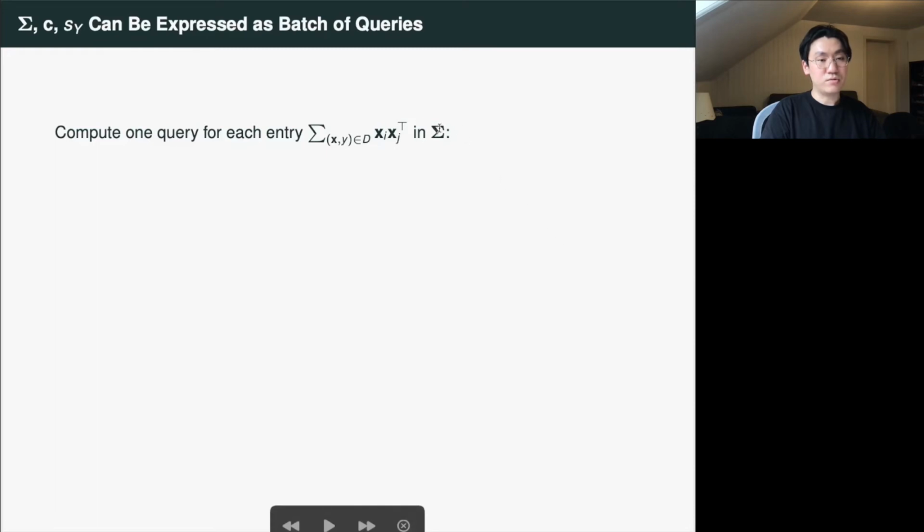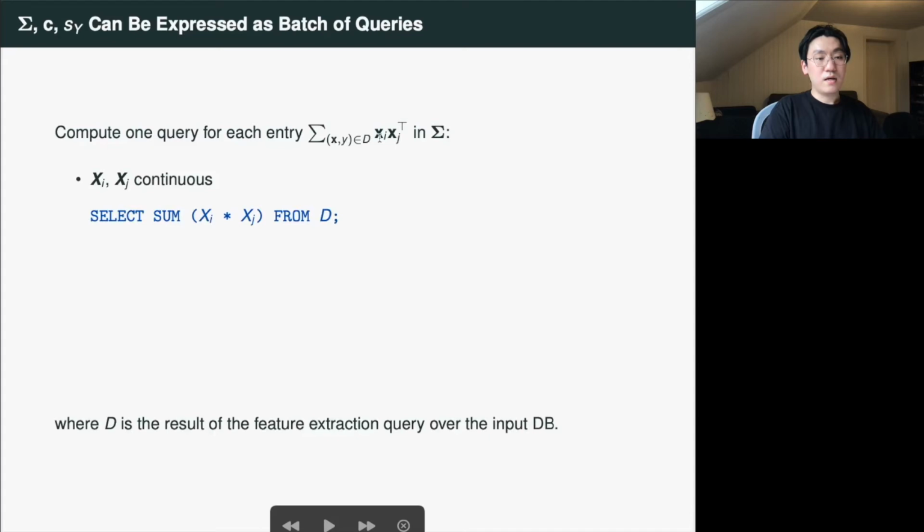Consider the matrix sigma. We need to compute one query for each entry, which is to sum the product of the attributes xi and xj of all tuples in the dataset. In the case both attributes xi and xj are continuous, we have both xi and xj to be scalars, so the result for this entry is a scalar.